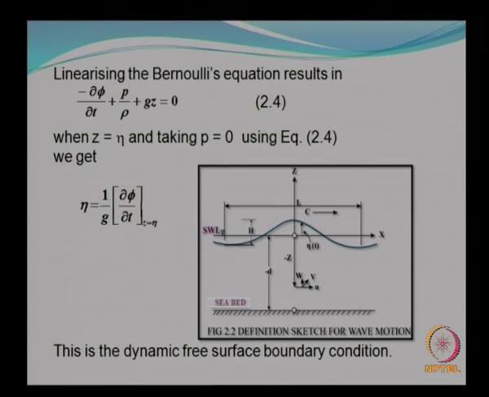So when z equal to eta, which is nothing but at the free surface, pressure is 0. This is what is called the dynamic free surface boundary condition.